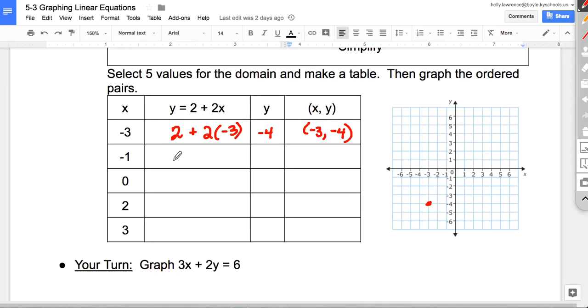So we're going to continue filling out this table by plugging in these x values and getting more coordinates. So each time we get a coordinate, we're going to graph it.